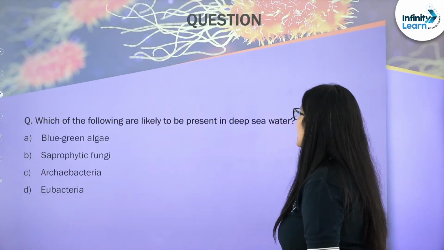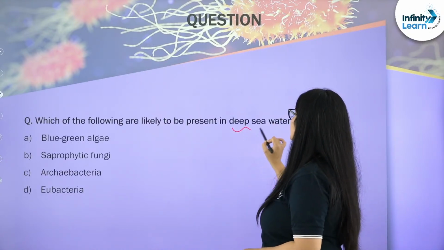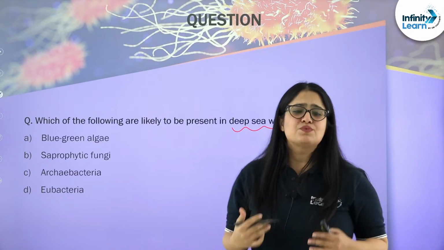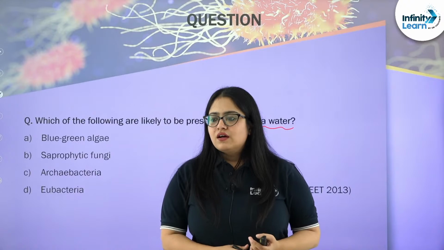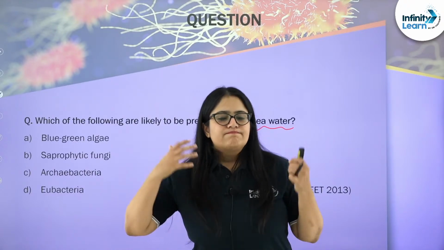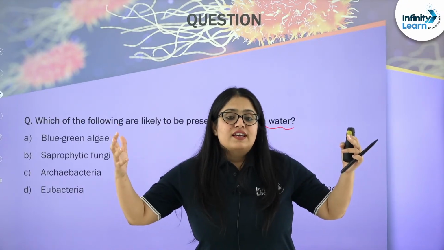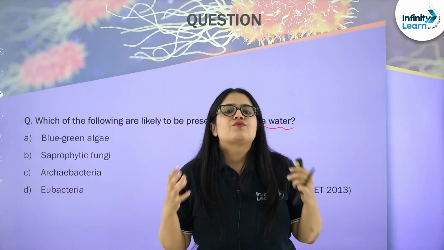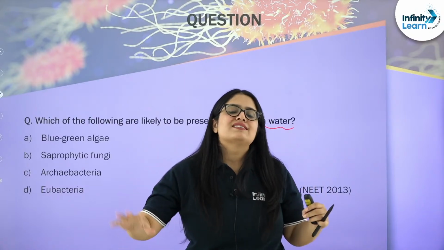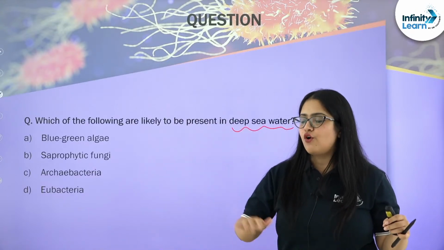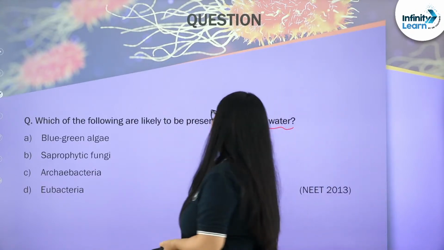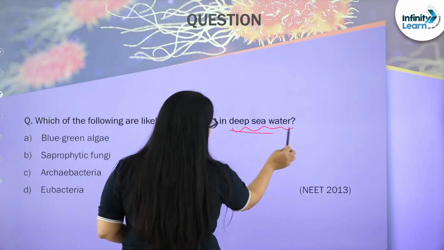Which of the following are likely to be present in deep sea water? My kids, deep sea water is a harshest condition where an immense load of water is there. That means immense pressure will be present on the organism that will be lying on the deep sea or on the bed of the sea. So which of the following are likely to be present in deep sea water?